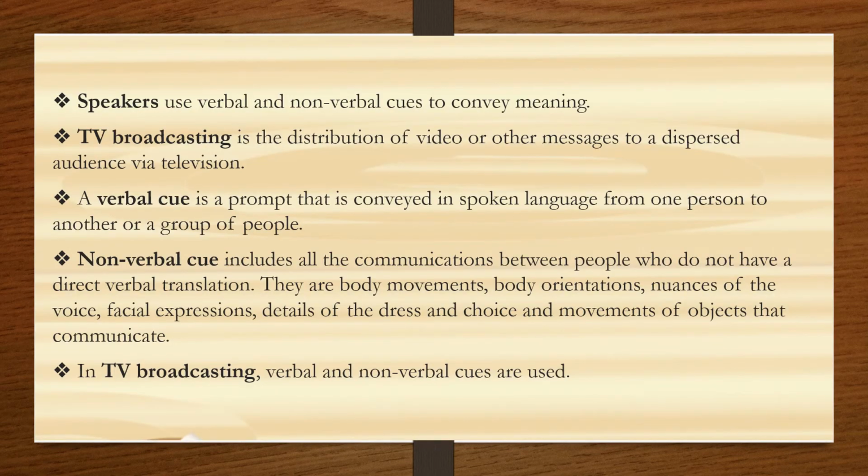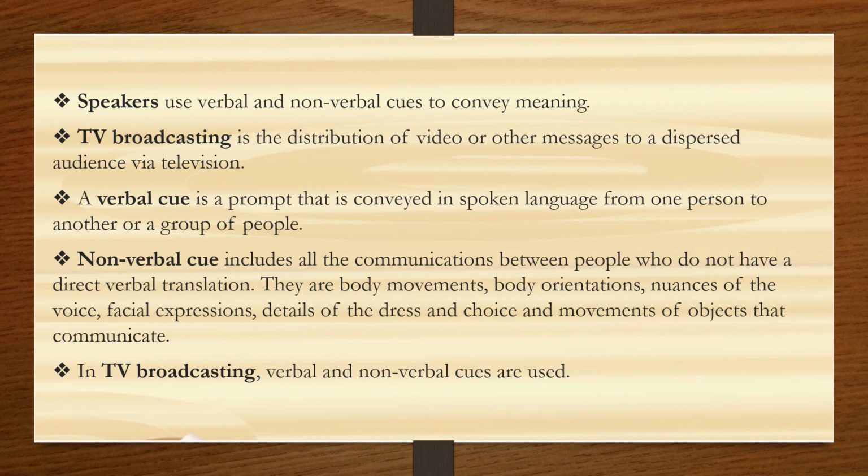And now, always remember that speakers use verbal and nonverbal cues to convey meaning. TV broadcasting is the distribution of video or other messages to a dispersed audience via television. A verbal cue is a prompt that is conveyed in spoken language from one person to another or a group of people.